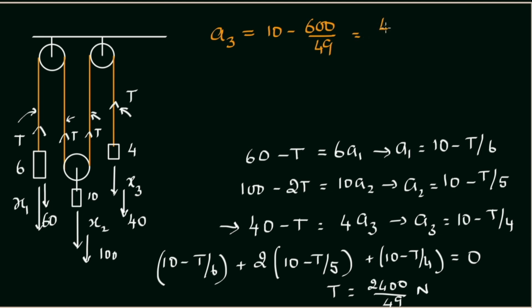So that is equal to 490 minus 600 by 49, and that is minus 110 divided by 49 meters per second squared. That is the acceleration of the 4 kg block. And since it turned out to be negative, it means that the 4 kg block is actually accelerating upwards.